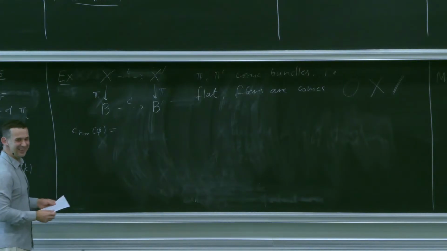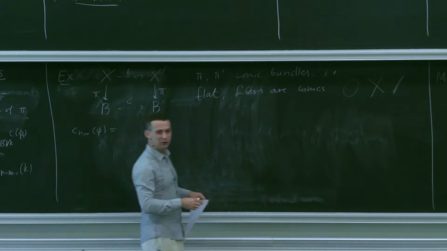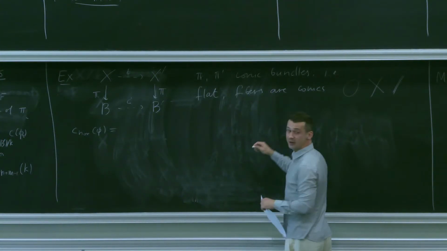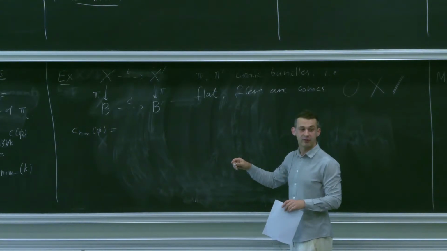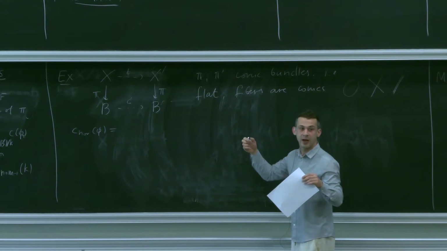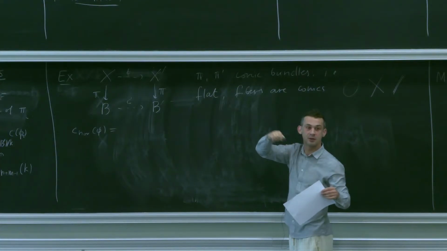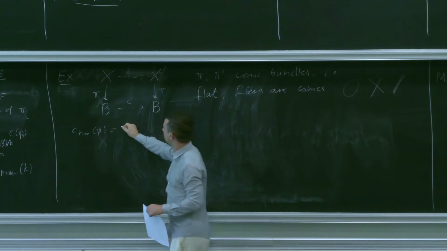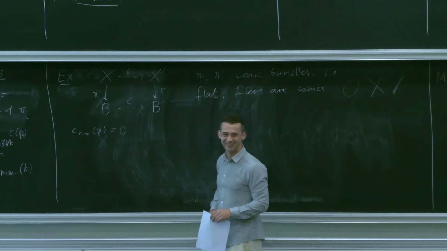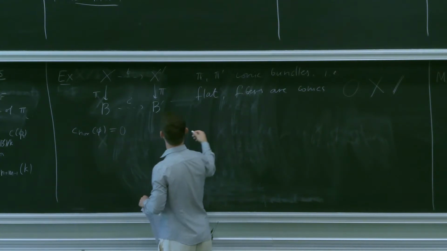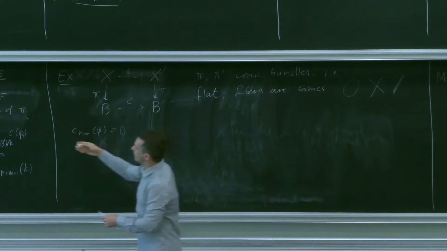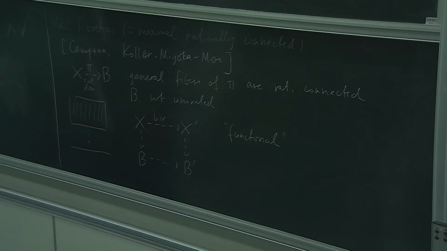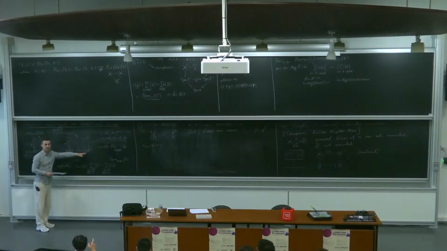Almost. So let's see what we have to do. We have to look at the generic fibers. Generic fibers are conics. I have a birational map between conics, and it's an isomorphism. So by definition, what I have to do is restrict to the generic points of the bases. This is a conic over some field, the function field of the base.